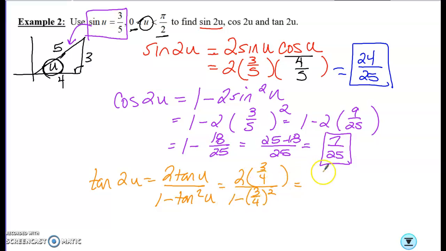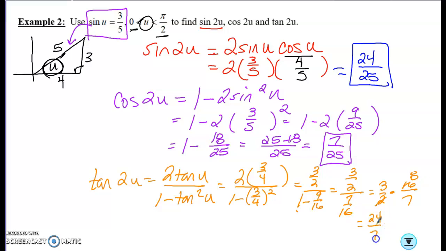On top, this is going to reduce to 3/2. On the bottom, I have 1 minus 9/16. So this is 3/2 divided by 7/16 once you get your common denominator. So this is 3/2 times 16/7. And so when you cross cancel and reduce, you get 24/7.